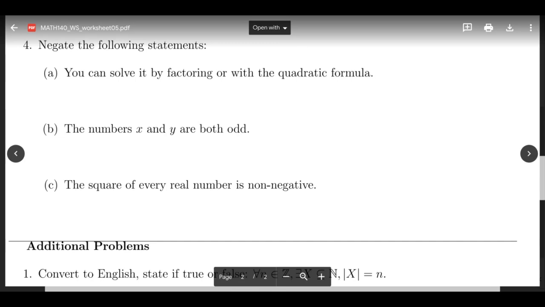There exists a square of a real number that's negative. So this is a combination of De Morgan's law, and when we negate for all, that equals there is some. When we negate there is, that becomes for all, for every. Okay, anybody has any questions?